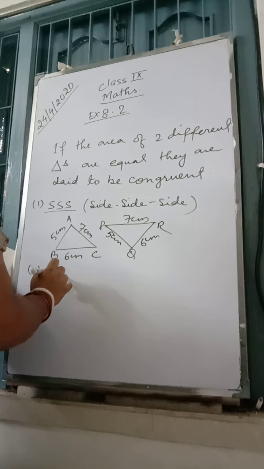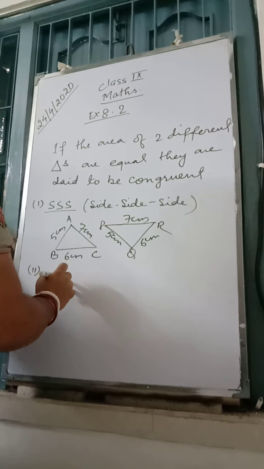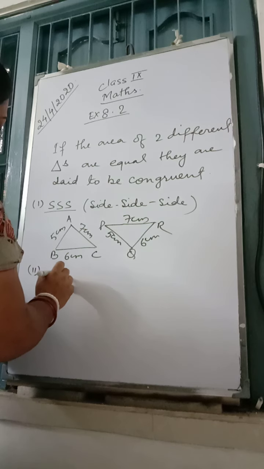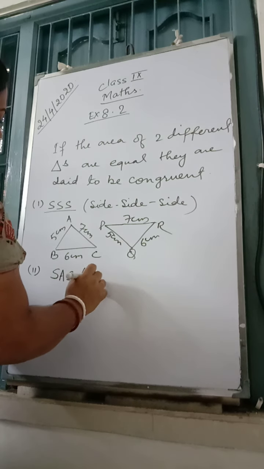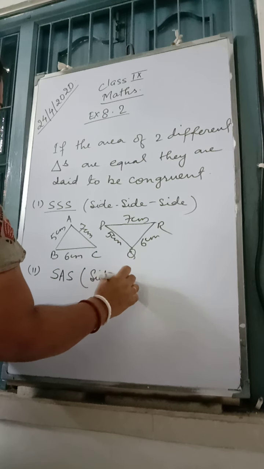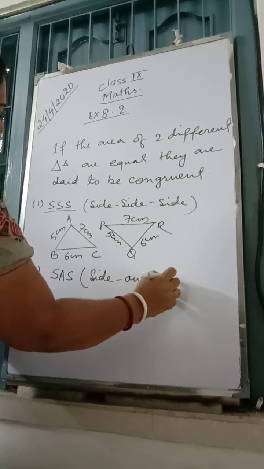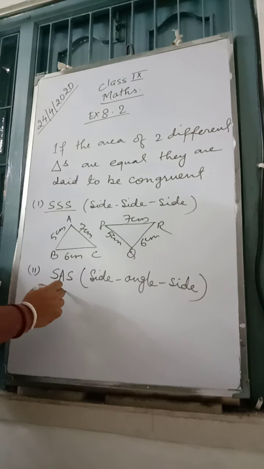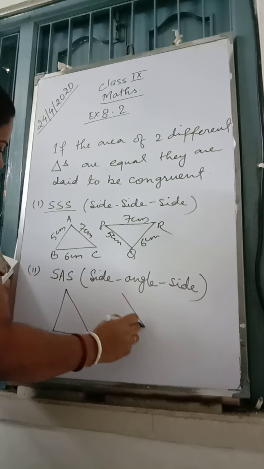You have already learned this from class 7 onwards. Second we have SAS, that gives you side, angle and side, which represents in two triangles, two sides and the included angle.